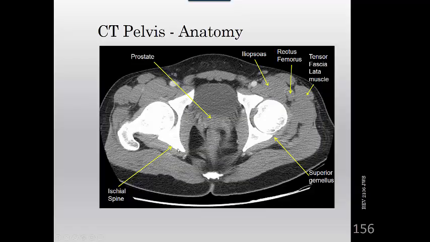The ischial spine bone, superior gemellus. I'm not sure, that's a muscle, but I'm not sure where it's at on the other side. I guess right in here. Iliopsoas muscle coming here, and then the rectus femoris is starting to form here, and the tensor fasciae latae muscle right here make up the leg muscles here.